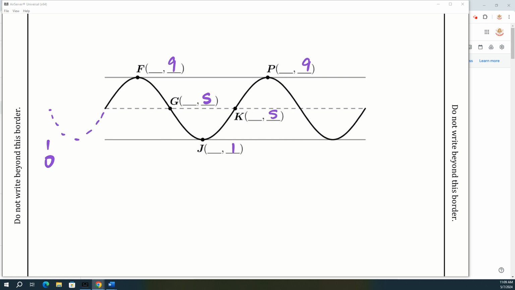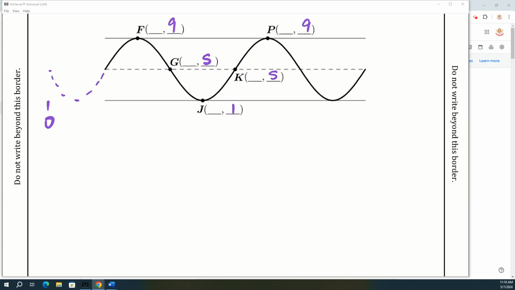Okay, so I have said that max to max is definitely a period, but this middle to this middle would also be a period of the sine graph or cosine graph. So what is the period? Let's see. I think I skipped over some important things when I was trying to save time. It does tell you that it completes 2 rotations every second.